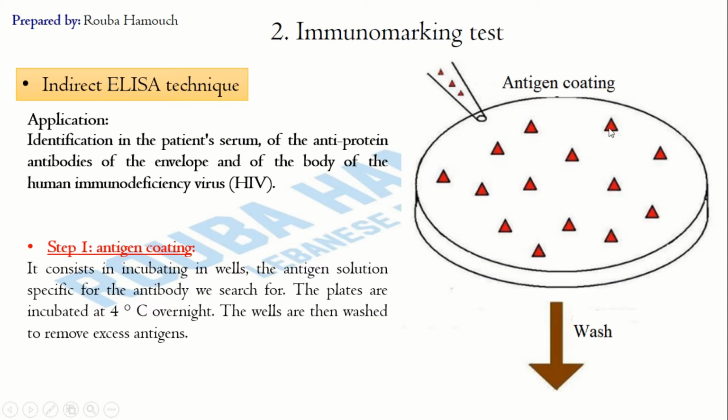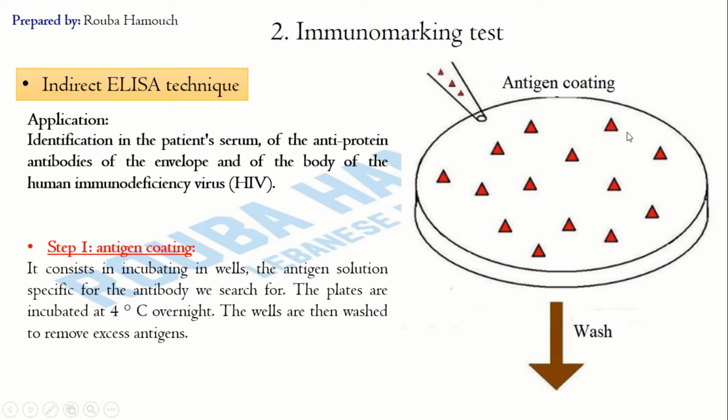The wells are then washed to remove excess antigens. So the first step is the antigen coating. We deposit the HIV antigens, for example, in the bottom of the wells. Then we wash the wells in order to eliminate excess antigens.